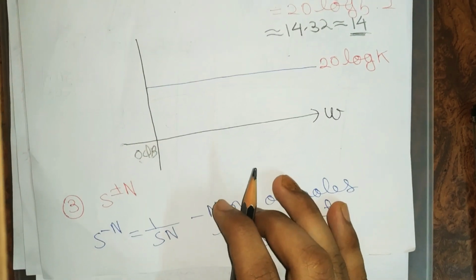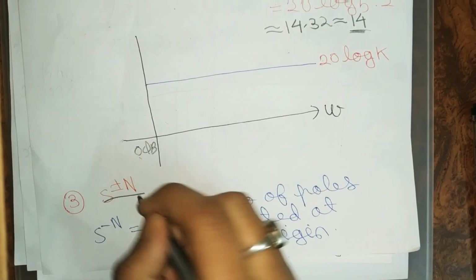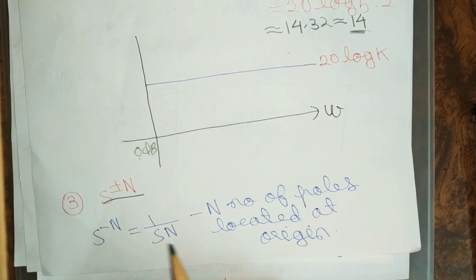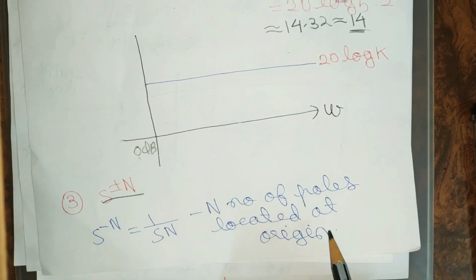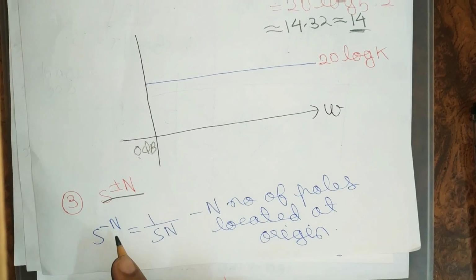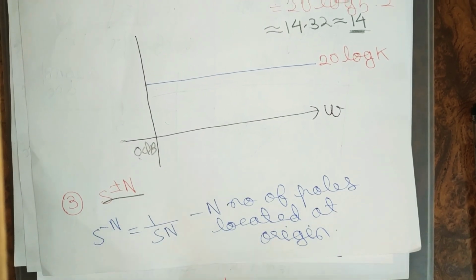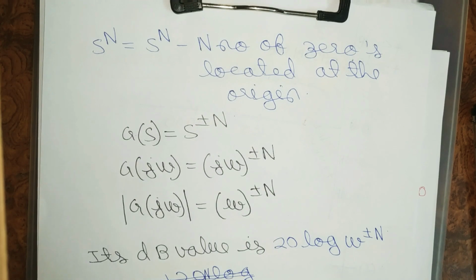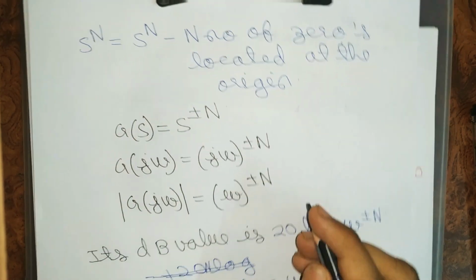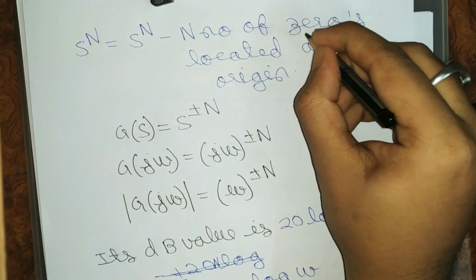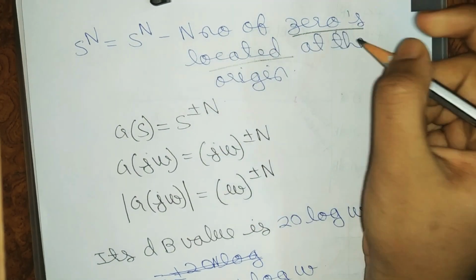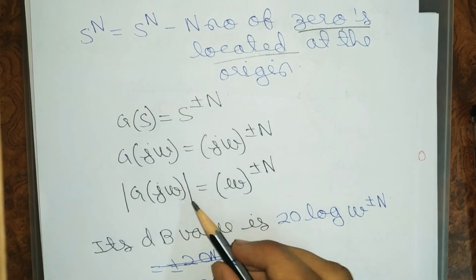Now next comes s to the power plus or minus n. If it is s to the power minus n, then n number of poles are located at the origin, and if it is s to the power n, then n number of zeros are located at the origin. So you have to calculate the mod value.